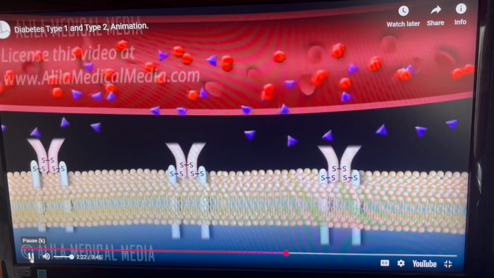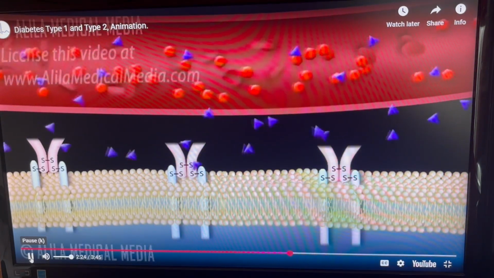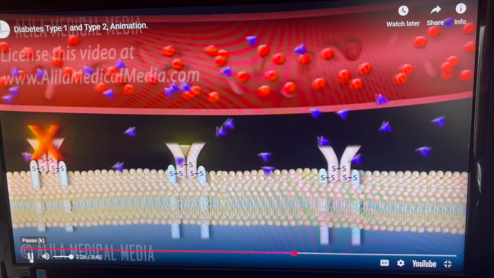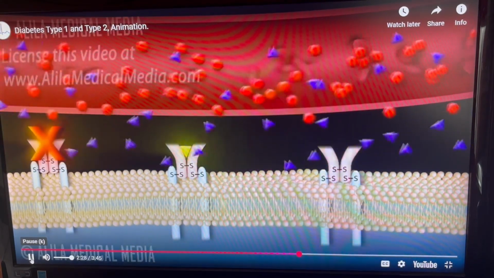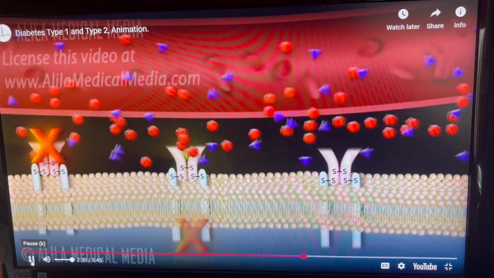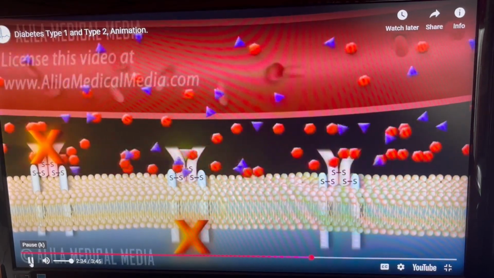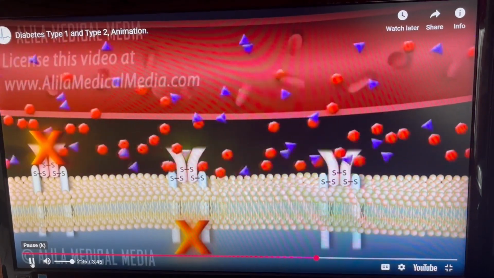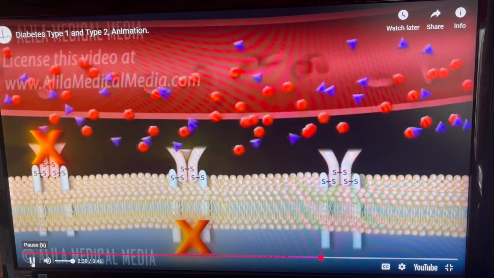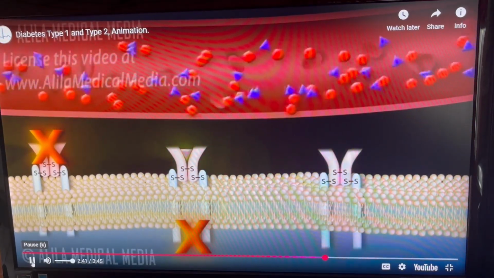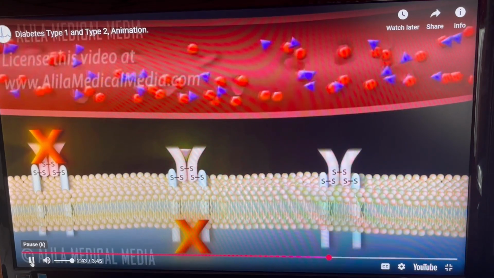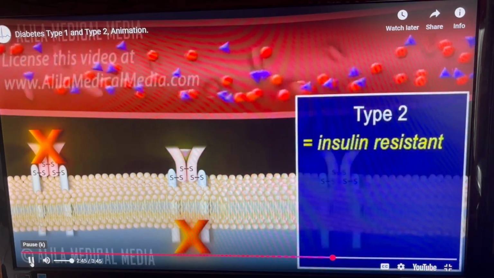Type 2 diabetes. The pancreas produces enough insulin, but something goes wrong either with receptor binding or insulin signaling inside the target cells. The cells are not responsive to insulin and therefore cannot import glucose. Glucose stays in the blood. In other words, type 2 diabetics are insulin resistant.